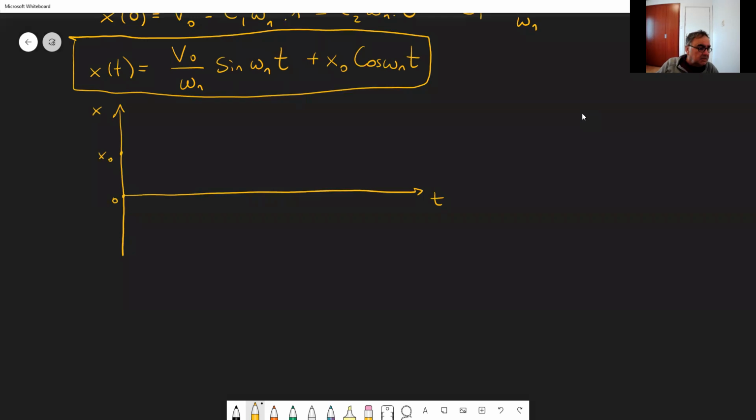Now, initially, this thing has a velocity, so this function is going to have a slope. So it will start like this. It is again going to be a sine and cosine.